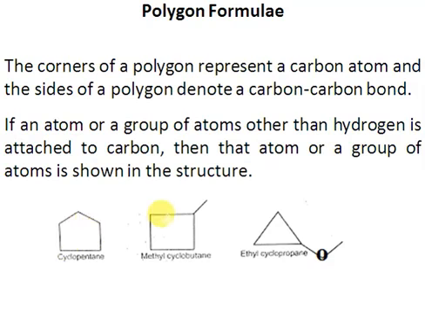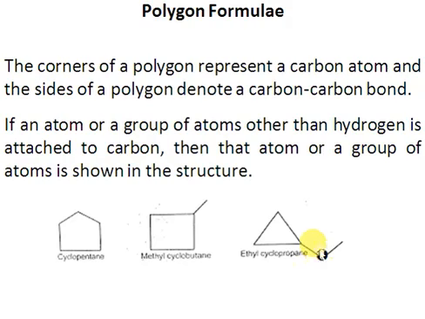And this is a side chain, a side carbon-carbon bond, right? So this coordinate is indicating carbon, and this line is showing the bond between carbon and carbon. In case you have some other heteroatom, then that heteroatom is represented.